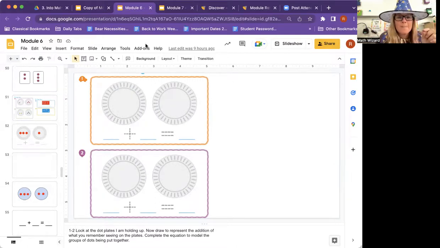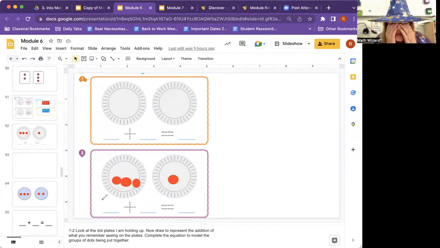The first plate. There was like a line of them, right? Were there 3? I close my eyes and I think I see 3. And how many were on the other plate? I think that's what I saw. Is that what you saw?